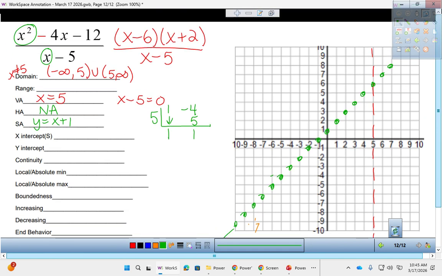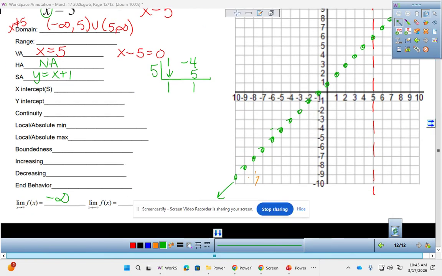This part of the graph up here would continue to go up if I continued that pattern, which makes the right-hand side of the graph positive infinity. Those infinities would change if the slanted line slants the other way. If it has a negative slope, then your infinities would be different.